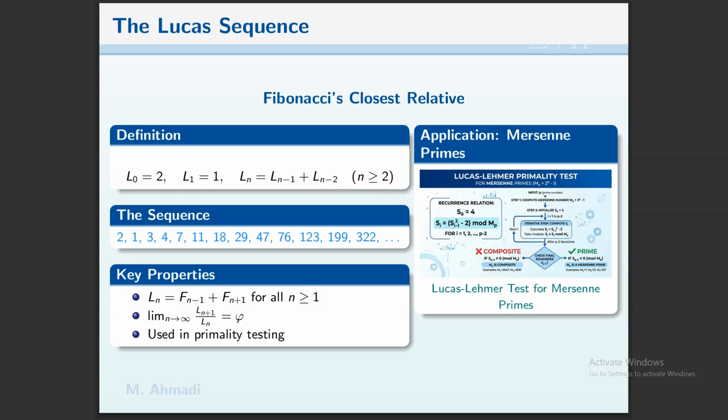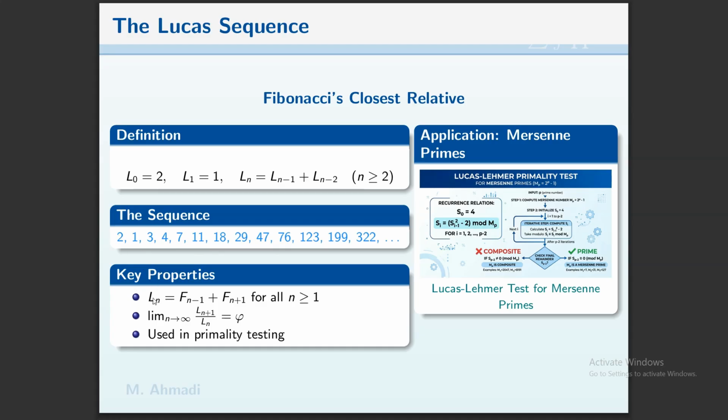So the generated sequence is 2, 1, 3, 4, 7, 11, 18, 29, 47, 76, 123, 199, 322, and so on. So it's like a Fibonacci. Each term is the sum of the previous 2.